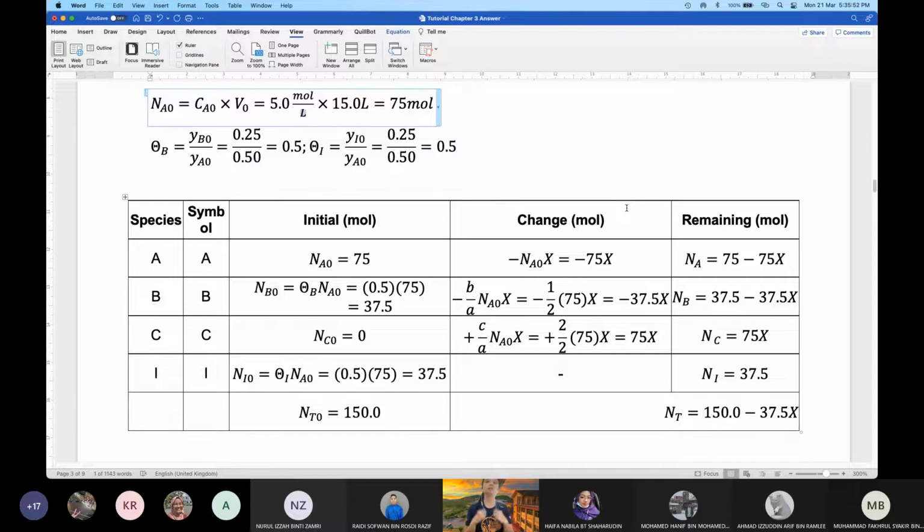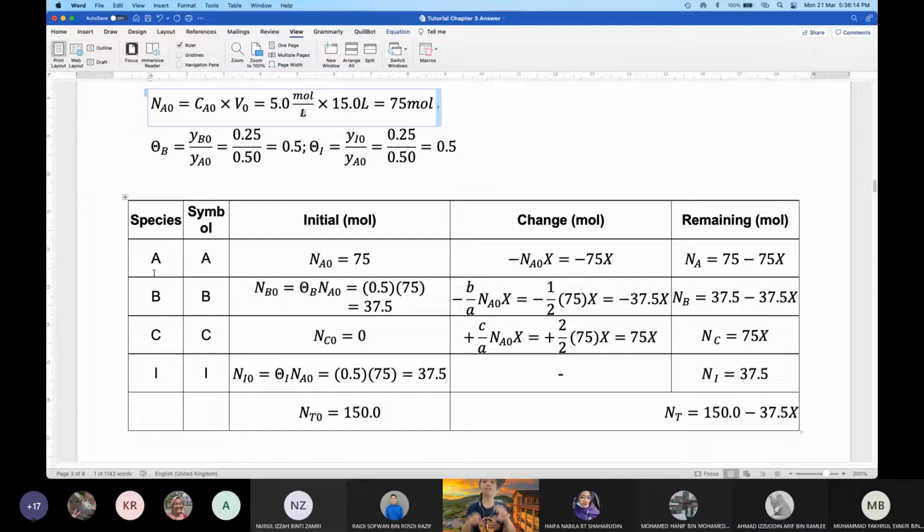Okay, so nak senangkan daripada kita nak tulis every box tu mole, you just label directly. Initial, change, remaining, you put the mole inside, the unit inside bracket. So dah tak payah tulis untuk setiap kotak first. Okay, so done. Then you must remember all the species in the system.